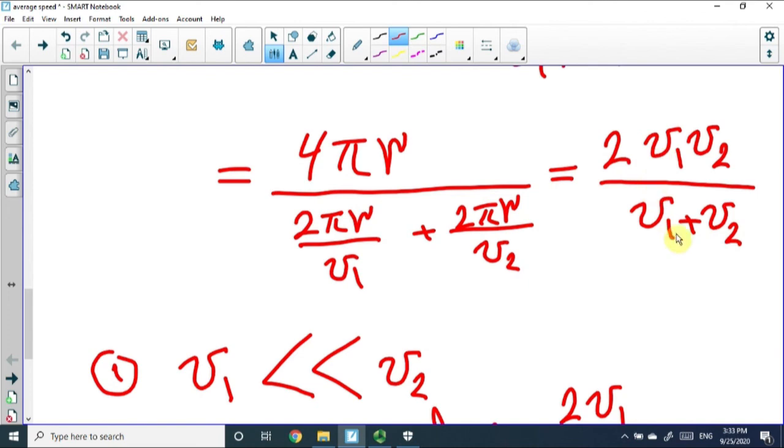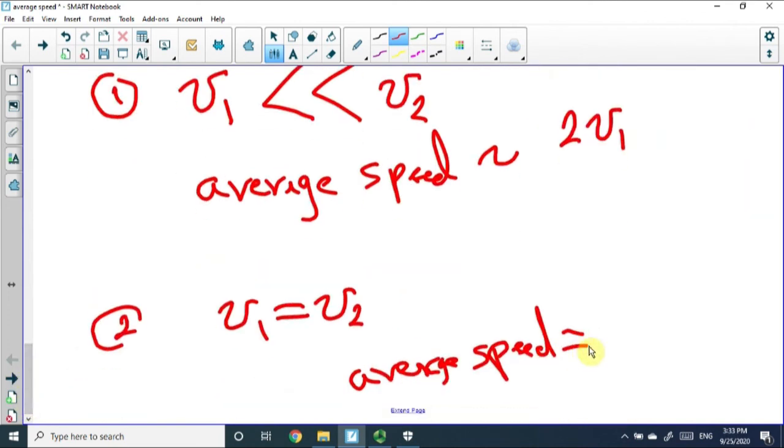Then some cancellation will happen with the 2 up and one of the speeds, and you will get just any one of them, v1 or v2, they are equal. And that makes sense, because if the car keeps moving with the same speed for both laps, the average speed should be just the speed itself, v1 or v2. So that's the answer for the question.